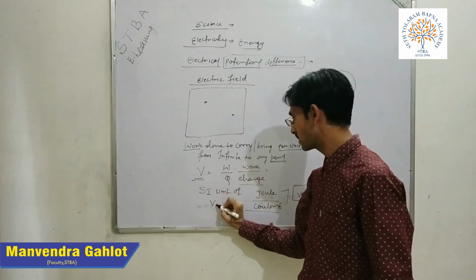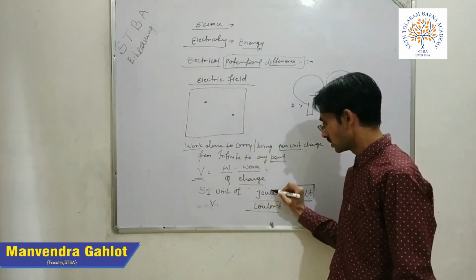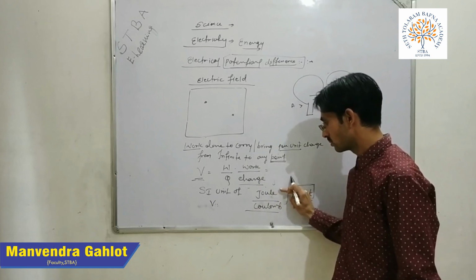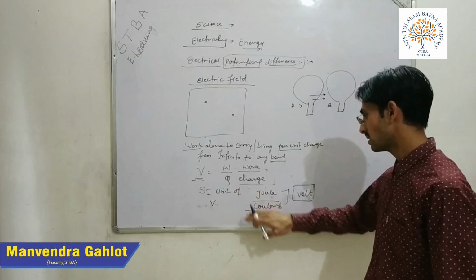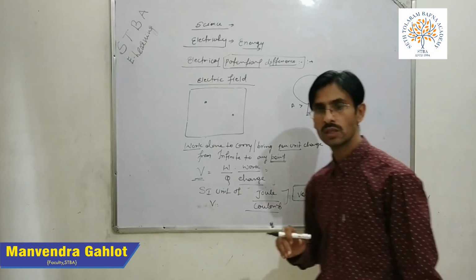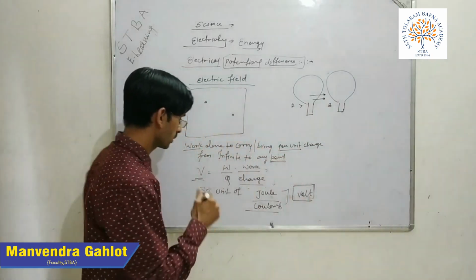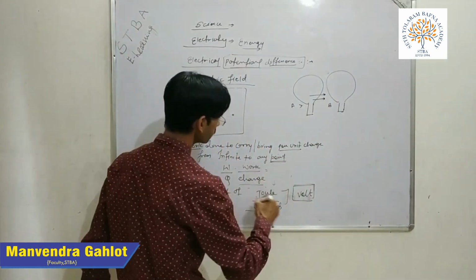So potential difference V equals W upon charge. We can make its unit: what is the unit of work? Joule, SI unit. And charge, coulomb. Joule upon coulomb is called volt. So this is the potential difference.